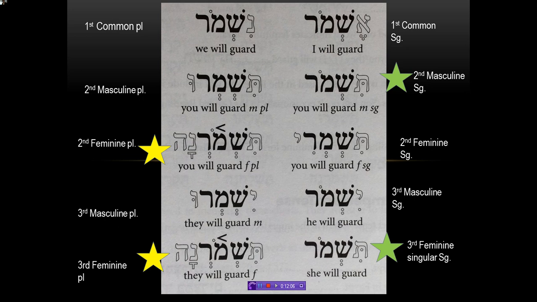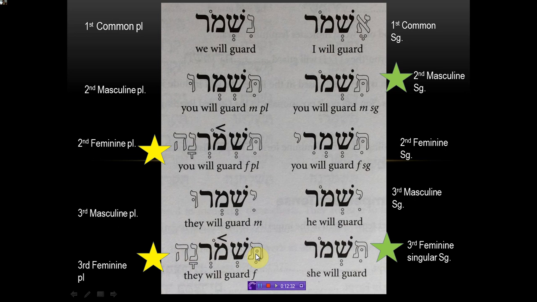So maybe that will help you remember that in the imperfect, the u is also found on the third plural. The only difference being, of course, that the imperfect doesn't have a general common plural. It actually has a masculine and feminine plural here. Yishmeru for the third masculine plural, and tishmorana for the third feminine plural.